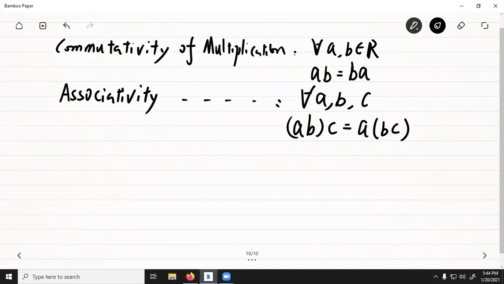Okay, you can put the parentheses anywhere you want. The third one is called the multiplicative identity. So we have the additive identity, so we also have a multiplicative identity.